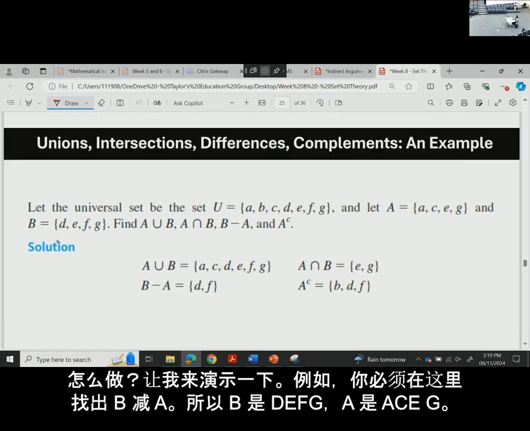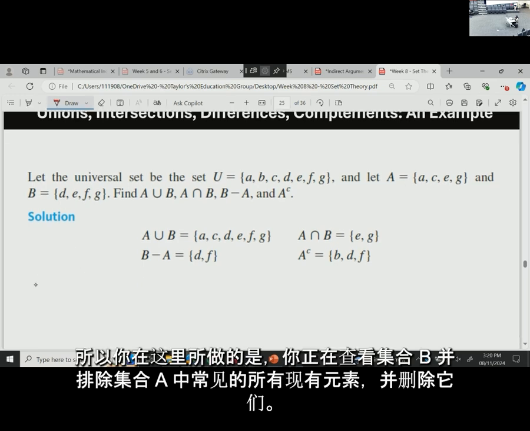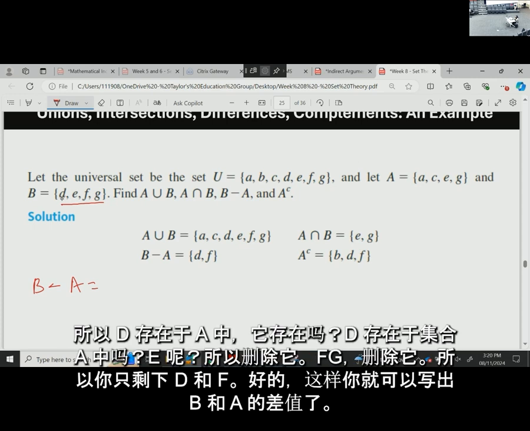So B is D, E, F, G, and A is A, C, E, G. You are looking at set B and excluding all the elements that are common in set A. Is D there in set A?